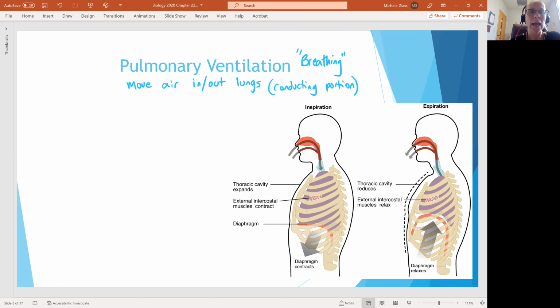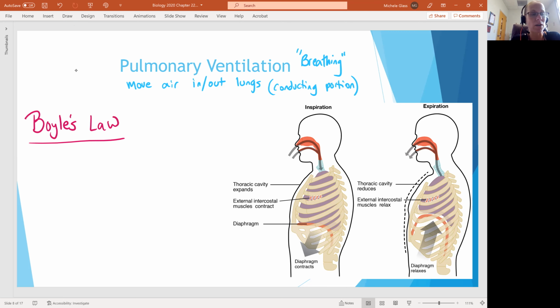Okay. And we said that since we are talking about gases, we do have some gas laws to talk about that are actually describing how we're getting this movement. And in the case of the pulmonary ventilation, Boyle's Law is our law that helps us to understand what is happening with our gases.